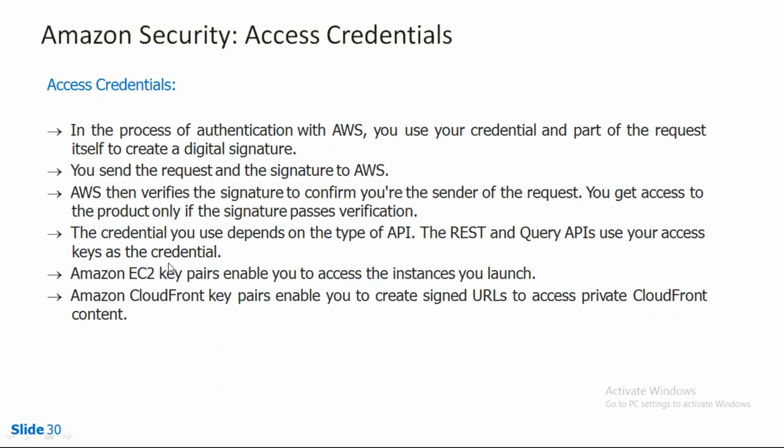Then the Amazon EC2 key pair enables you to access the instances you launch, and the Amazon CloudFront key pair enables you to create signed URLs to access private CloudFront content. We'll see what CloudFront is. Not to worry, everything will be seen very clearly.